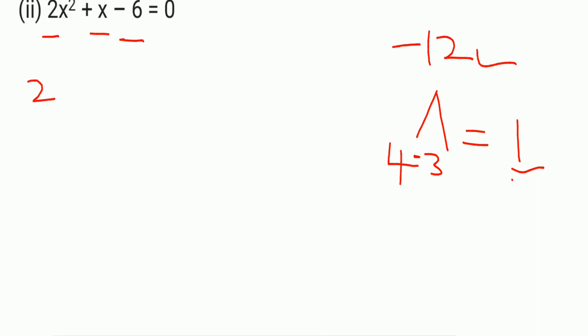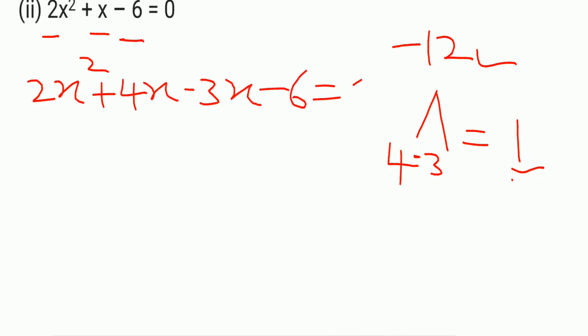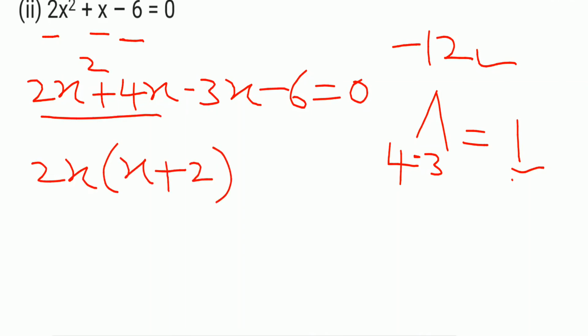So here I'll write down 2x square plus 4x minus 3x minus 6, which is equal to 0. Now from the first two terms, I will take 2x common. Now what is left here? X plus 2. Correct? Now here minus 3 you can take common. In the bracket x, as minus sign I have taken out, that means this sign will get changed. Okay, so here plus 2, which is equal to 0.